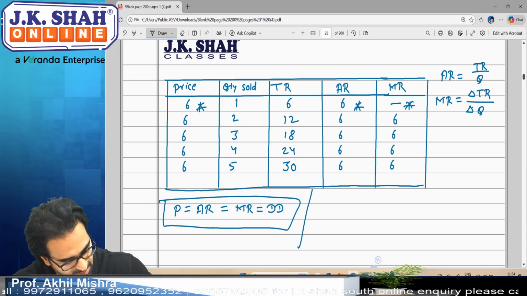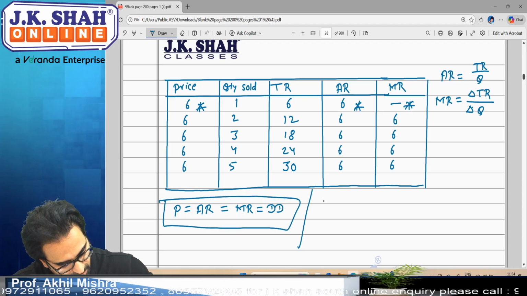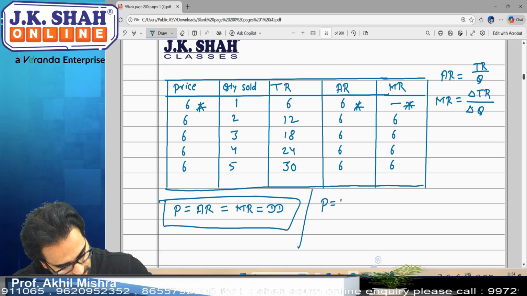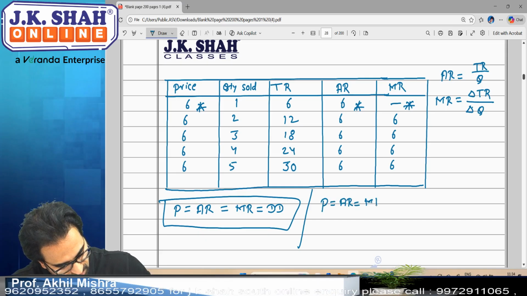So I can say in a perfect competition market, your price is equal to average revenue is equal to marginal revenue equal to demand. All are same in a perfect competition.